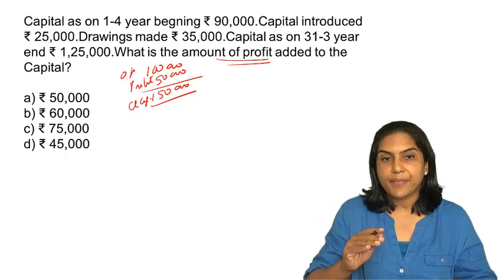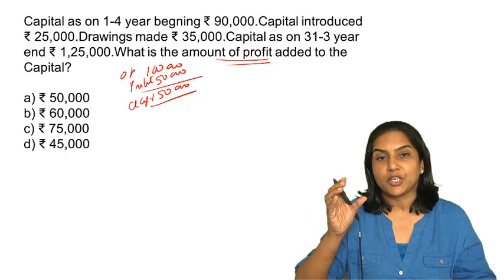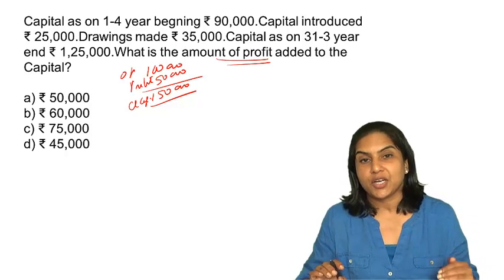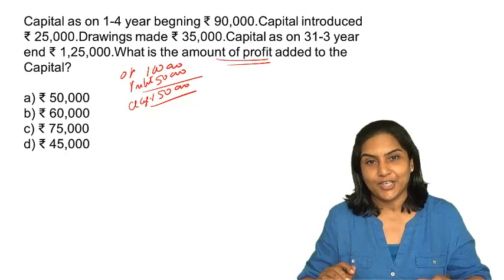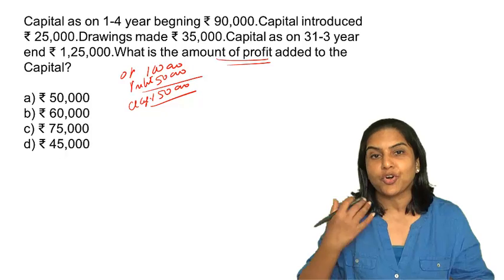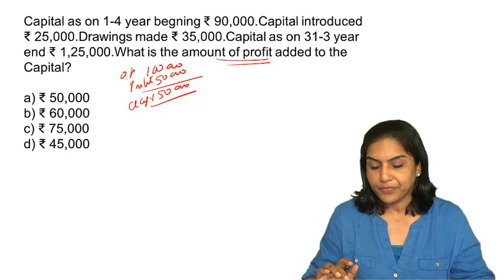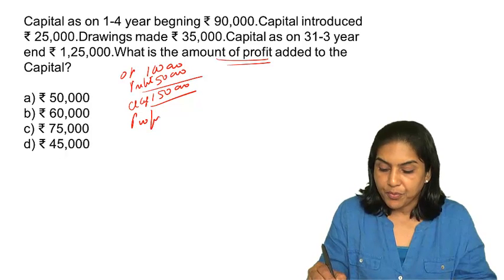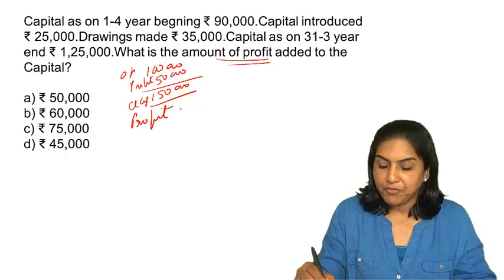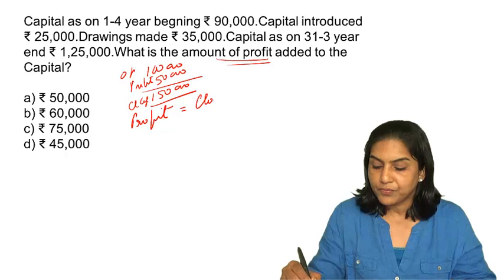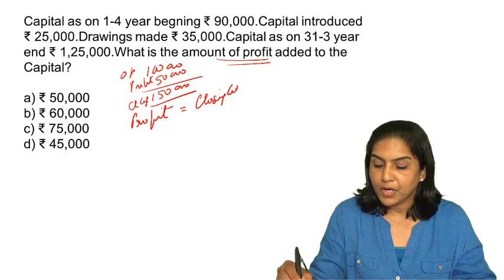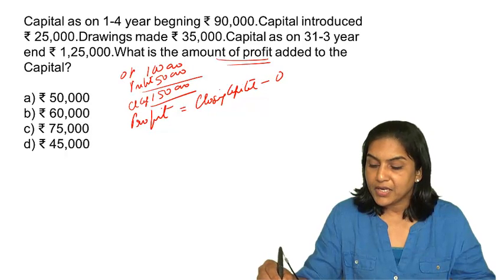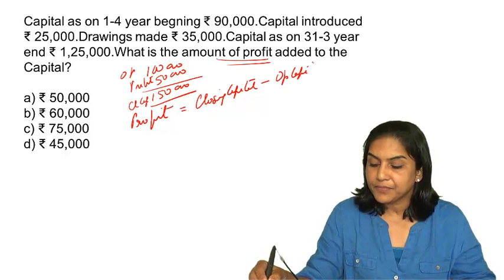So closing capital minus opening capital usually is profit, unless you have brought in additional capital or withdrawn capital in the form of drawings. So we could say that profit is equal to closing capital minus opening capital.